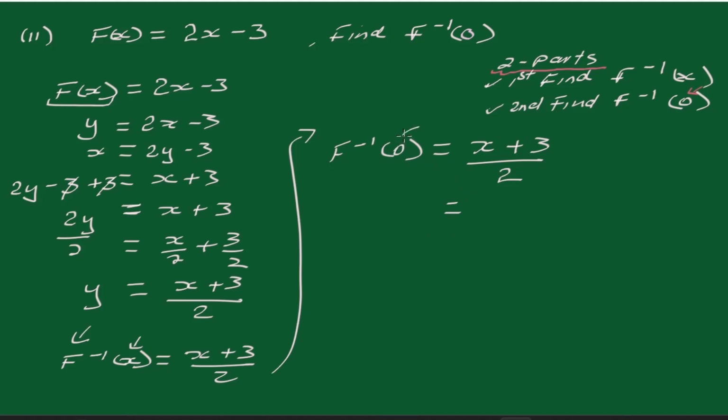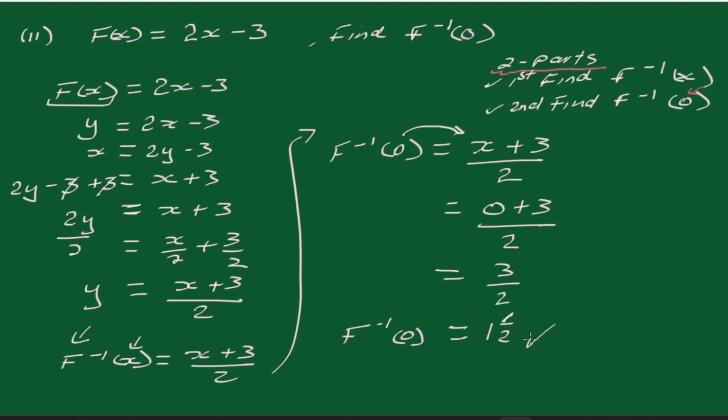So anywhere we see an x in the inverse function, we're going to replace it with 0. So therefore, the inverse function of f, where the input to the function is 0, gives us an answer of 1.5. So our final answer for this question here is 1.5.